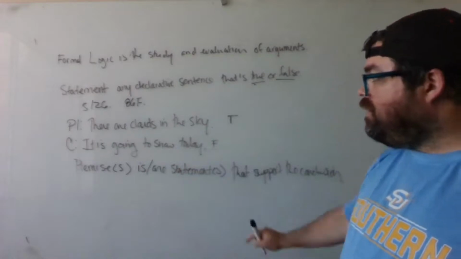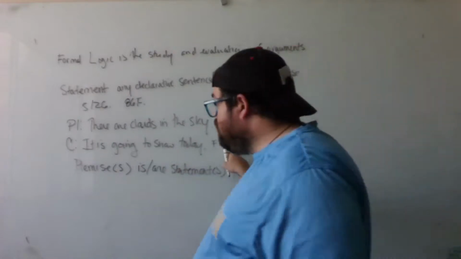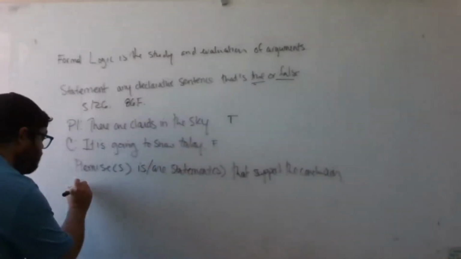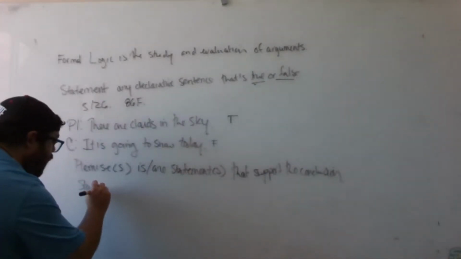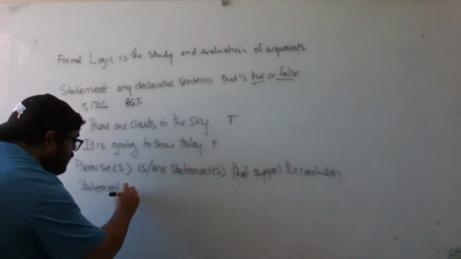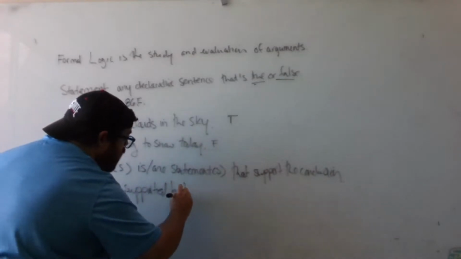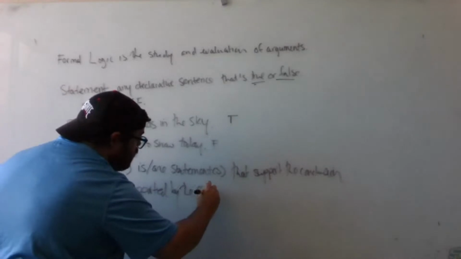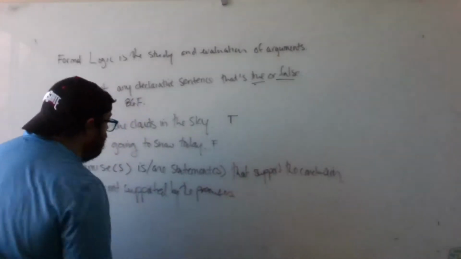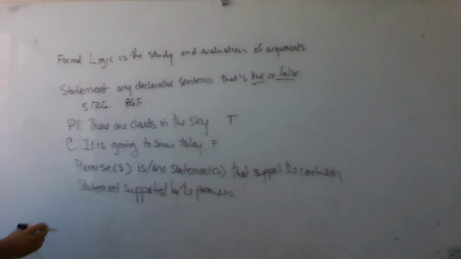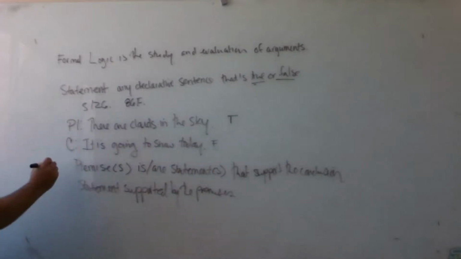And the other piece of the thing is the conclusion. The conclusion is the statement supported by the premises. So every argument has at least one of these, right? So there's at least one.